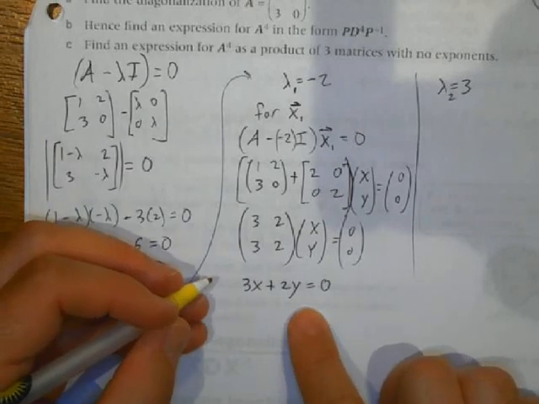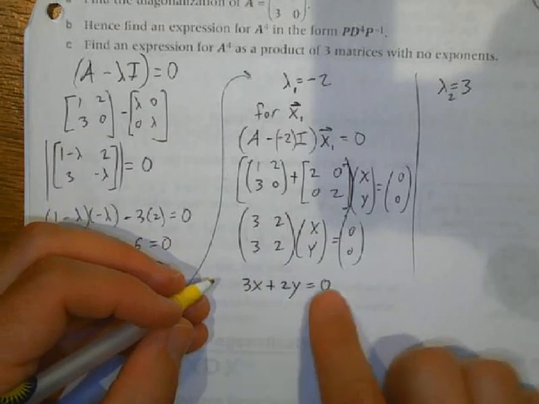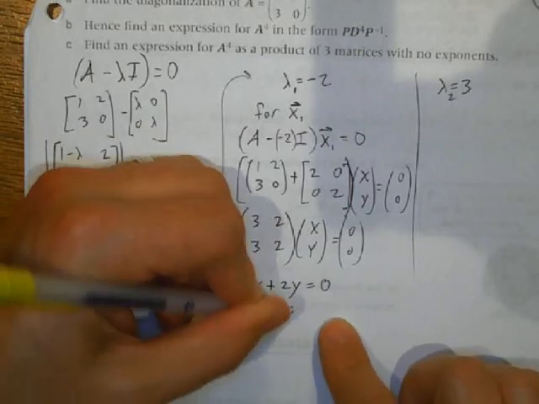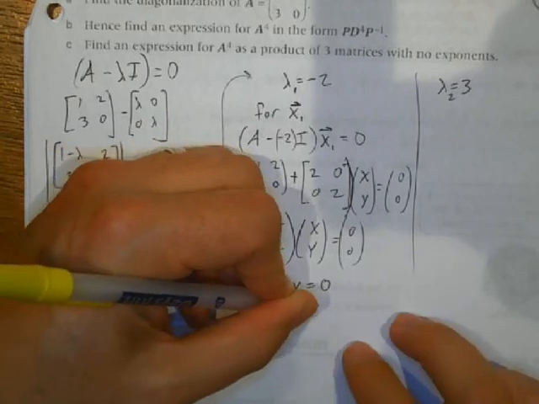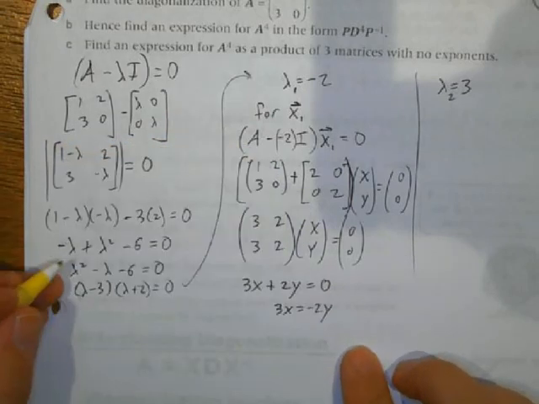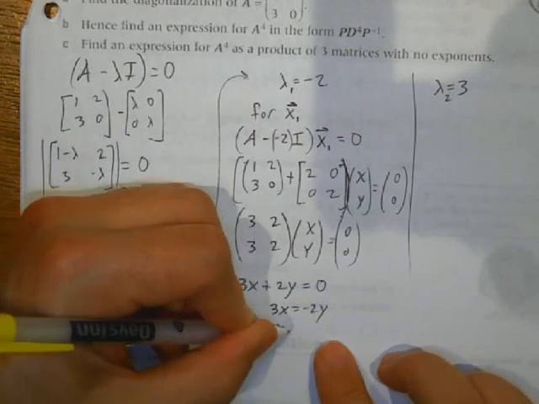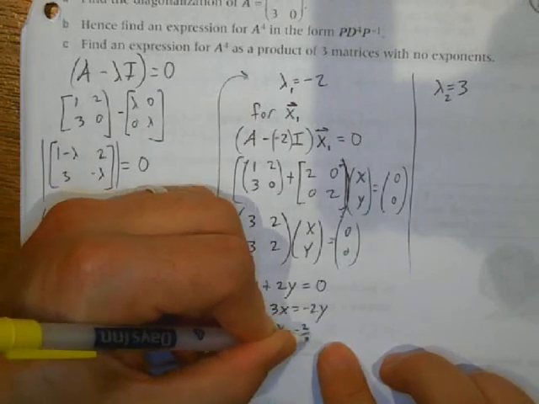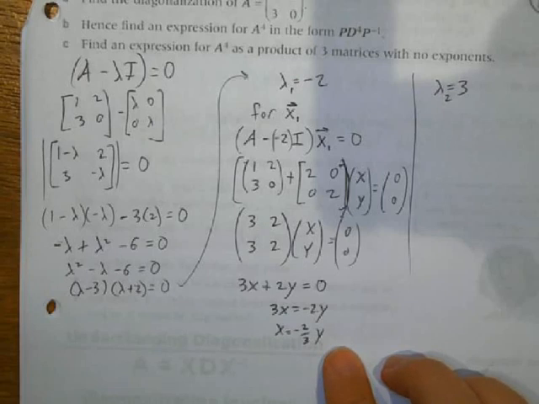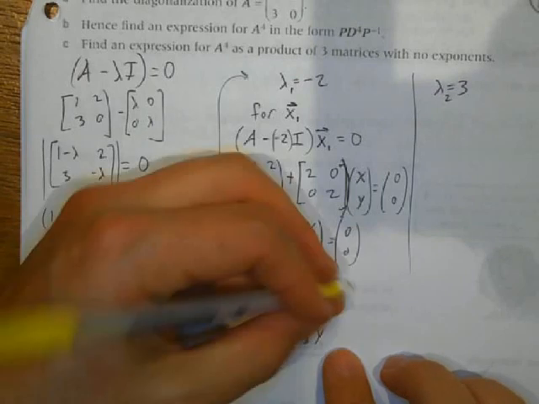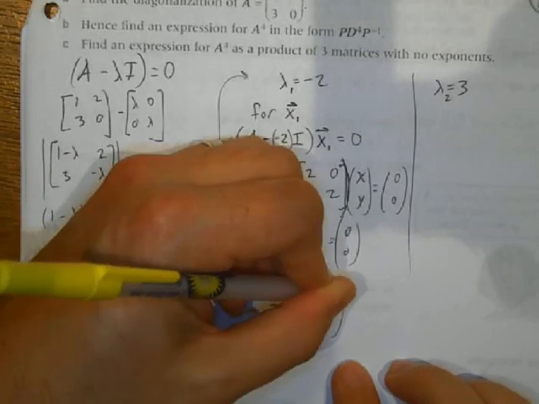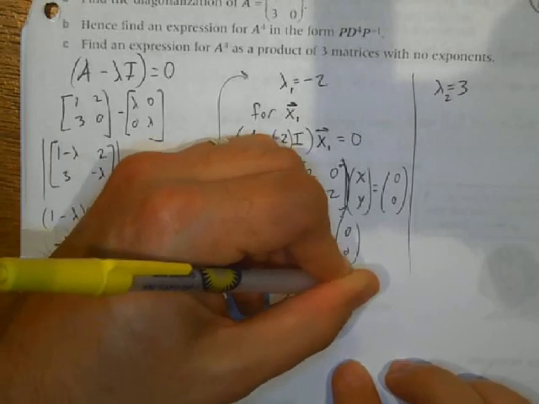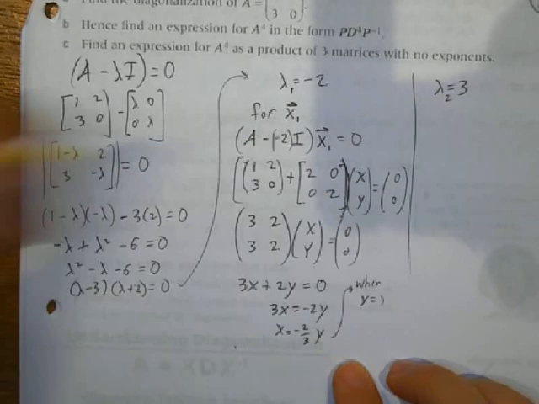So I'm going to subtract 2y on both sides. I get 3x equals negative 2y. And then divide both sides by 3. I get x equals negative 2/3 y. So when y equals 1, we know that x is going to be negative 2/3.